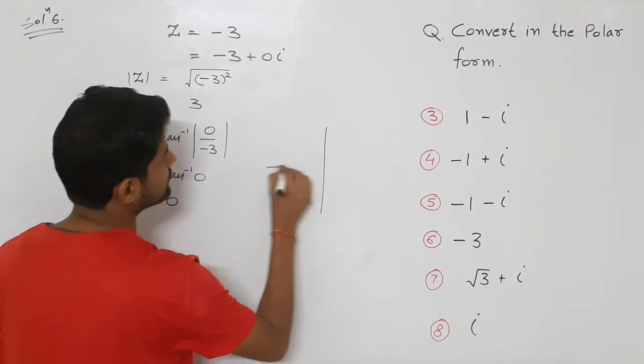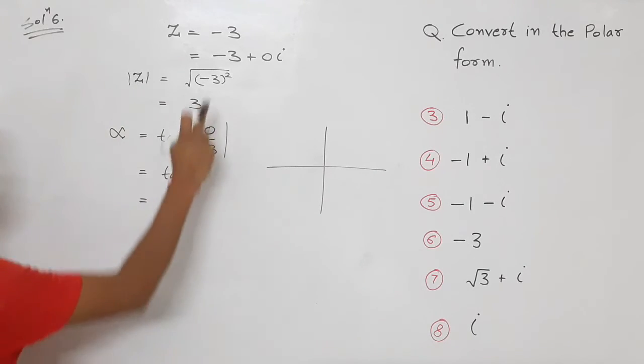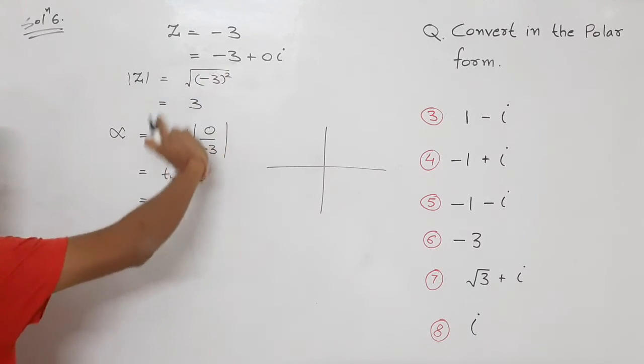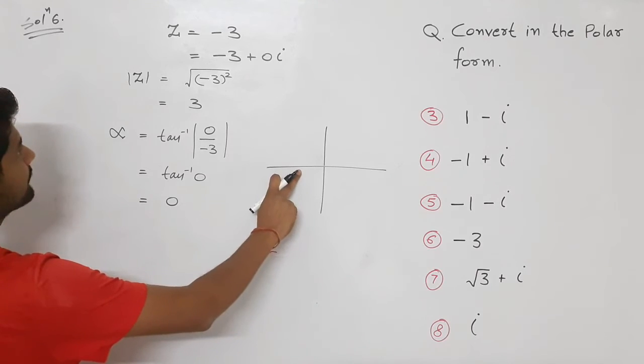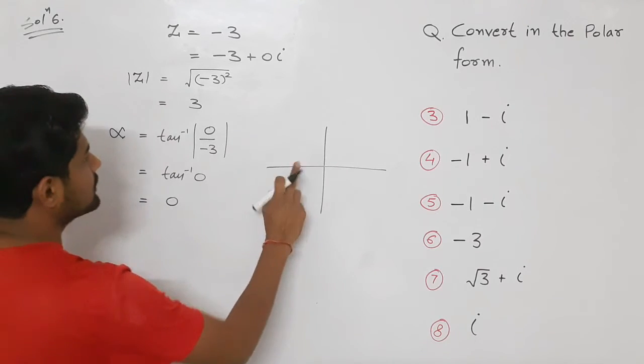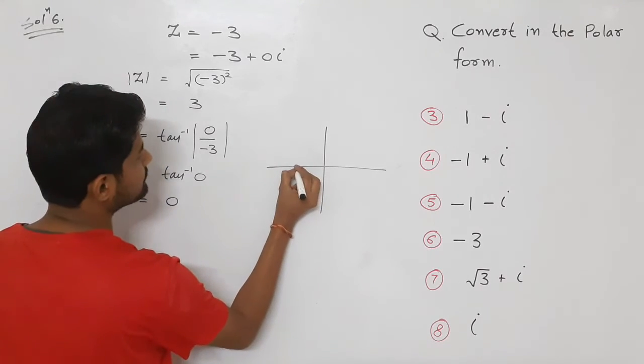Now we will check this complex number lies in which quadrant. A is negative, okay, here, and Y is 0. So this lies in this line.